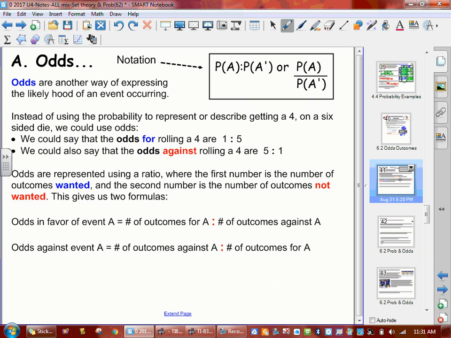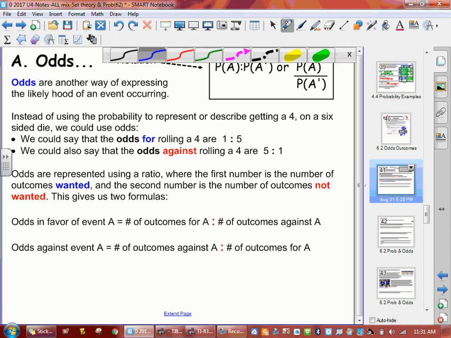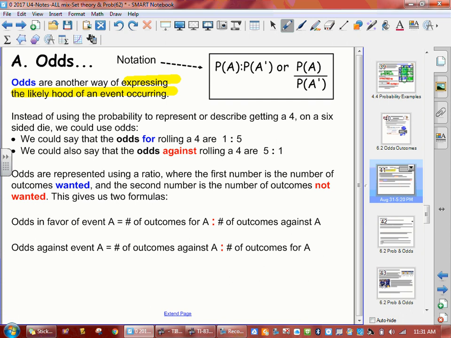As we just said, odds are another way of expressing the likelihood of an event occurring. The total is going to be a non-issue for us. This is the difference. Instead of using probability of getting a 4, like we did on our six-sided dice, where I'd have 1 in 6 choices, that's probability.